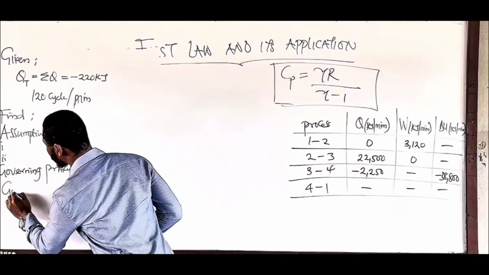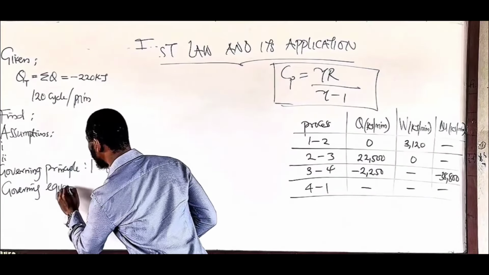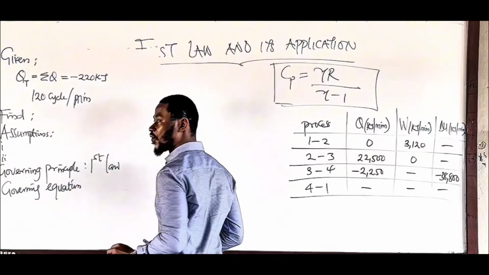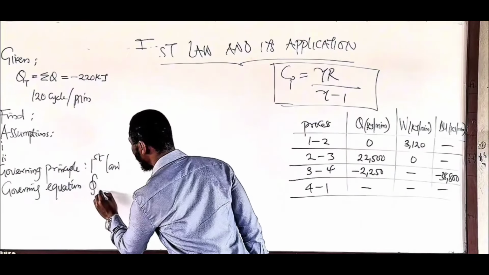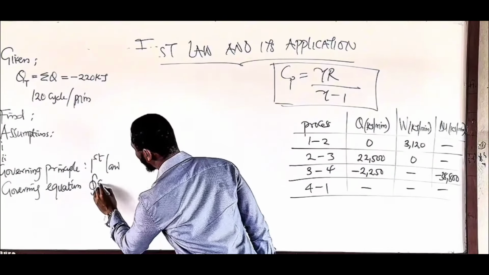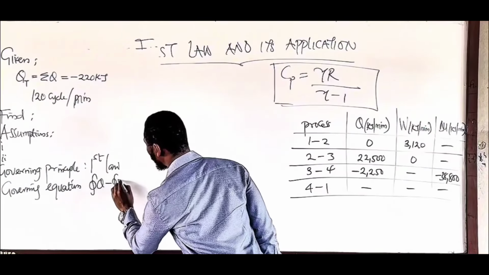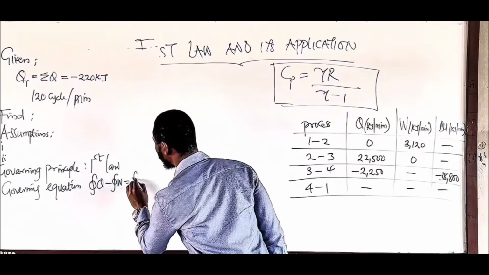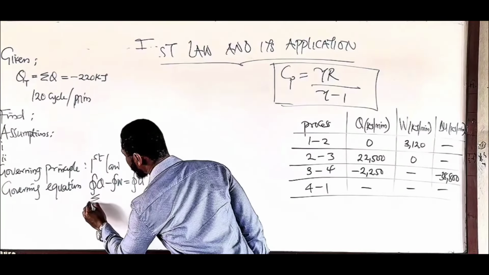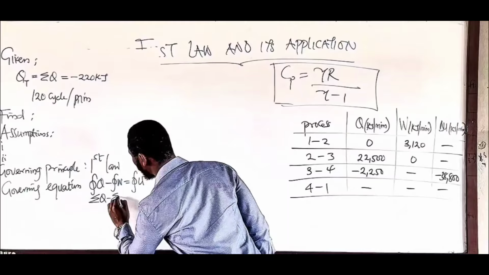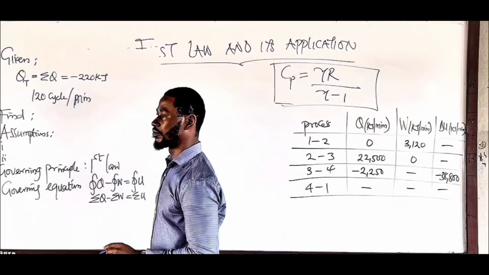The governing equation still goes back to the first law of thermodynamics, cyclic integral Q minus cyclic integral W equals cyclic integral U, which is also represented as summation of Q minus summation of W equals summation of U.